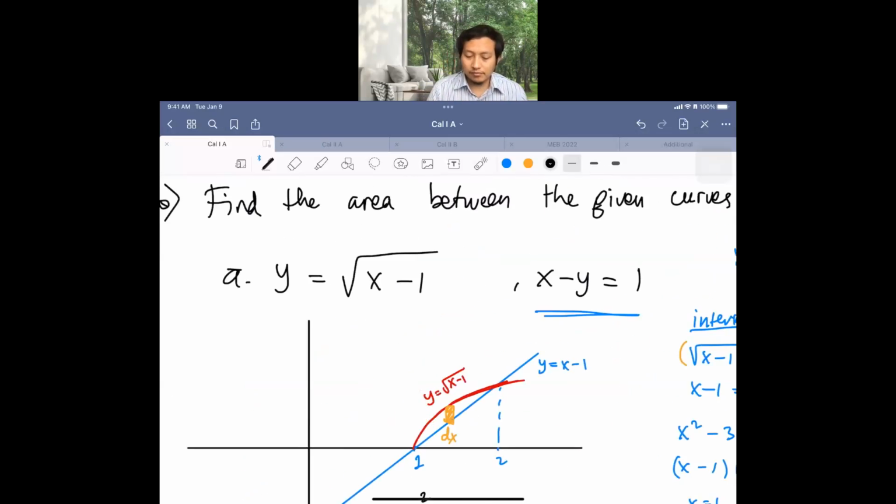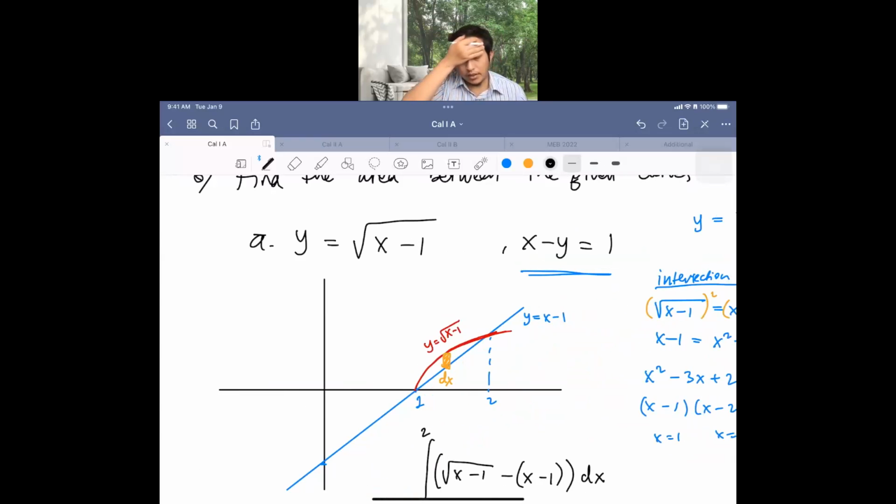For example, if you remember what we did in the early classes or in basic math, if we have y equals square root of x, this is actually similar to x equal y squared. So we may draw this first, and then shift the graph. x minus 1 means we shift the graph 1 unit to the right, right? So it's actually the same square root of x graph, and then we move it 1 unit.